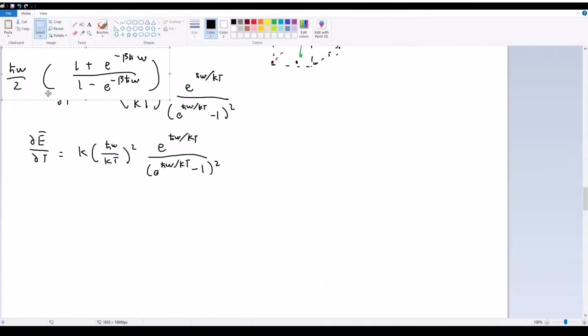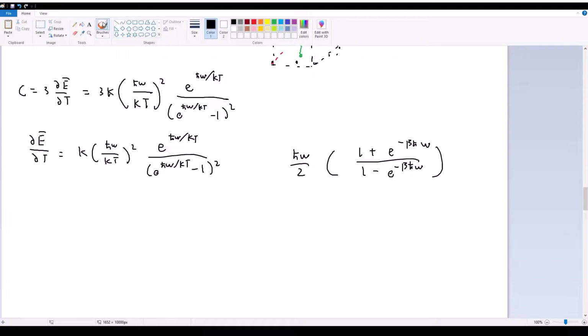Let's write this out. That E is equal to this. So once again, we're going to have to use the quotient rule. So let's write out our boxes and triangles. Actually, before even that, we have to write this out in terms of beta.